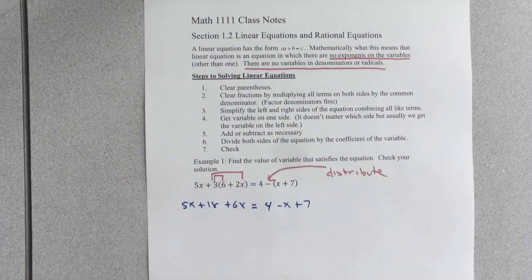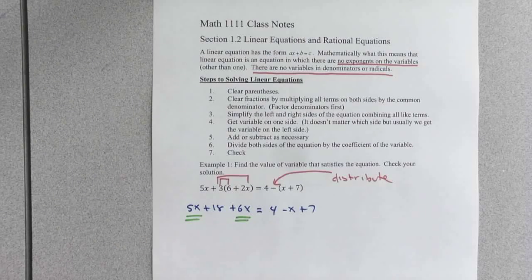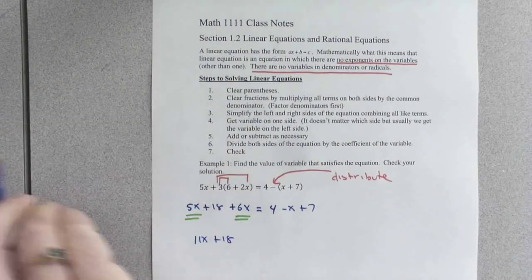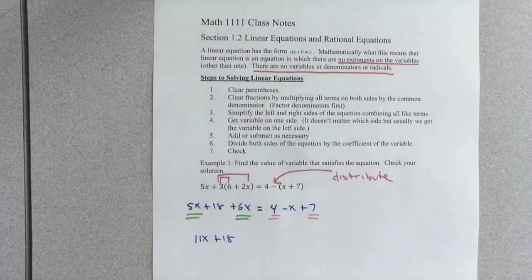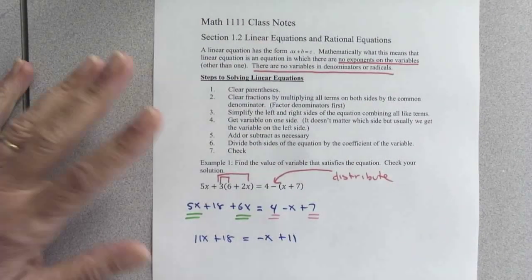3, simplify the left and the right sides of the equation, combining all like terms. So over here, I'm going to add my 5x and 6x for 11x plus 18. And over on the other side, I'm going to combine my 4 and the 7 for negative x plus 11.